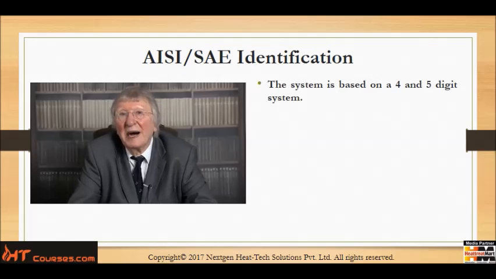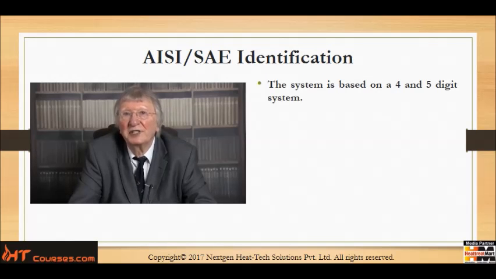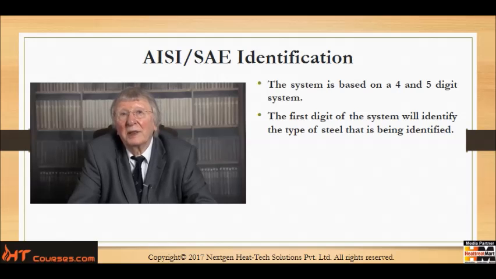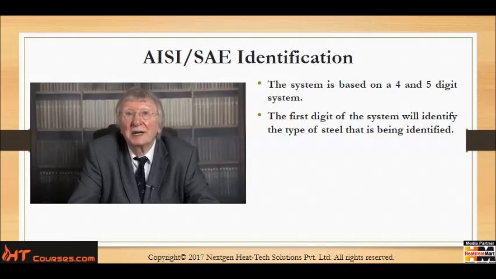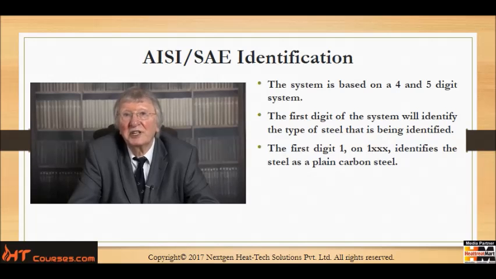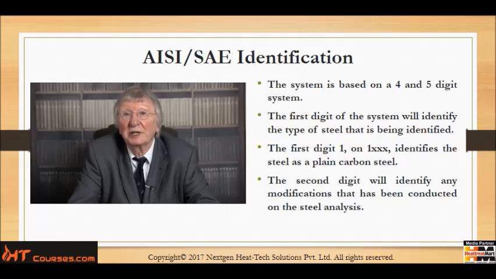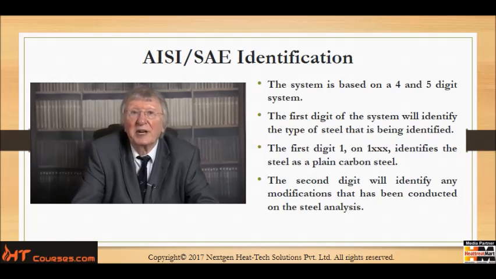The system's based on a 4 and 5 digit system. The first digit of the system will identify the type of steel that's been identified. As I said earlier, the first digit 1 on a 1XXX identifies the steel as a plain carbon. The second digit will identify any modifications that have been conducted on the steel analysis.